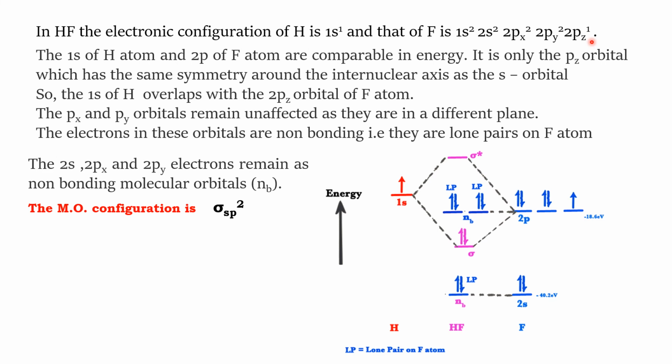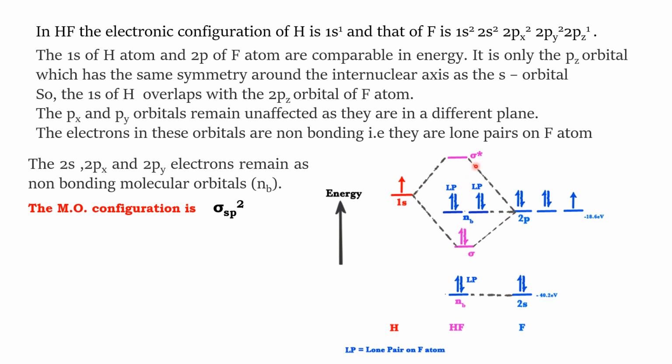It is observed that the 1s orbital of hydrogen combines with the 2pz orbital of fluorine to form sigma sp and sigma star sp orbitals.